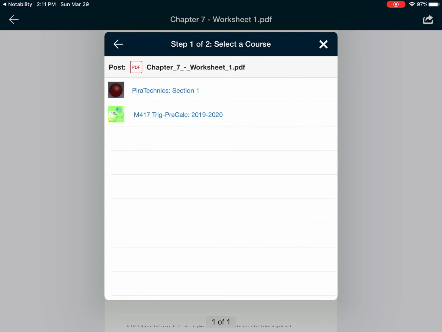I don't see the choices here because I'm a teacher, but you're going to see Our Course and the same Math icon that you see in Our Course. Click that, then look for the assignment that says Chapter 7-Worksheet 1. Click that one and say Submit to that assignment. That's like turning in your paper to me, and that's how I'm going to see that you did it.